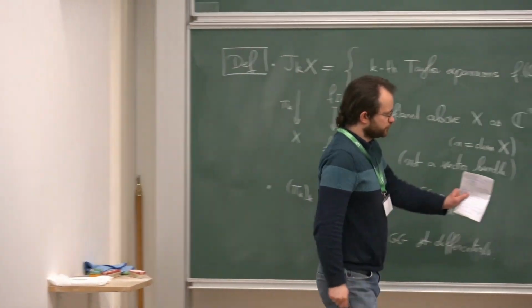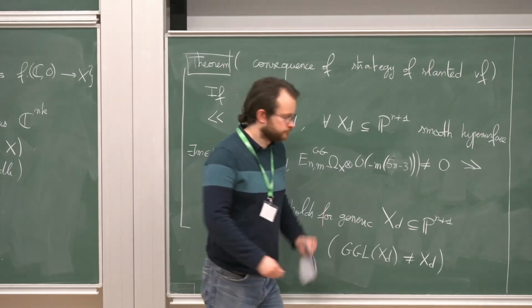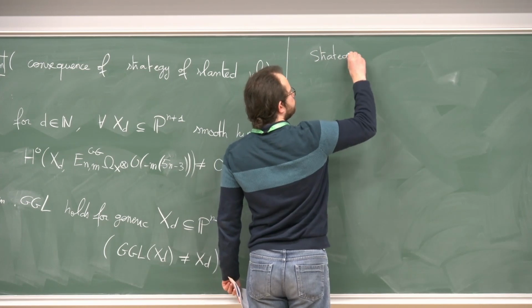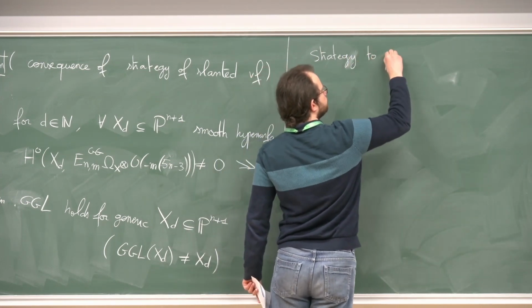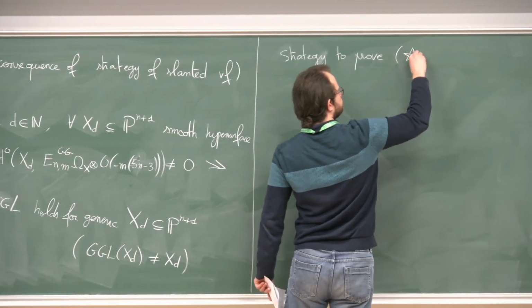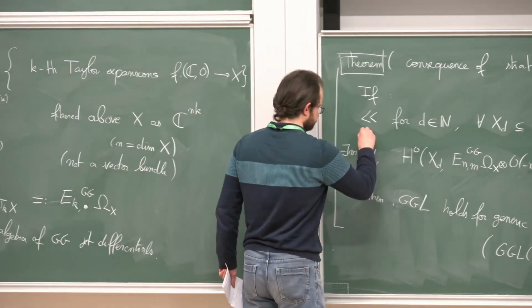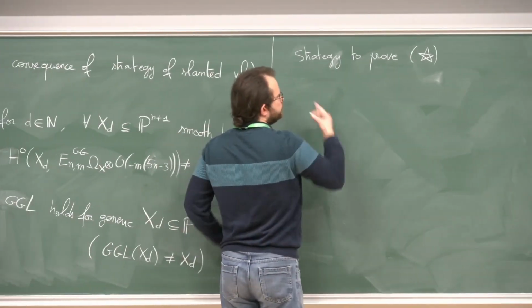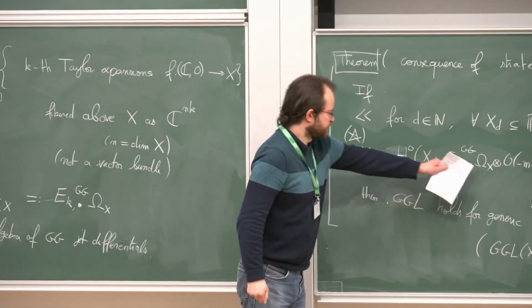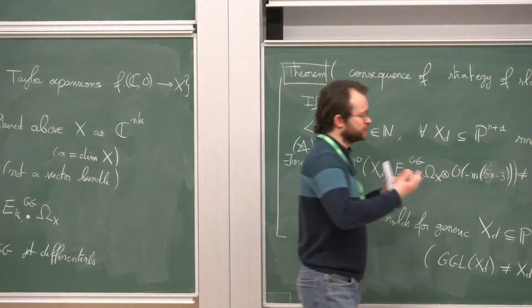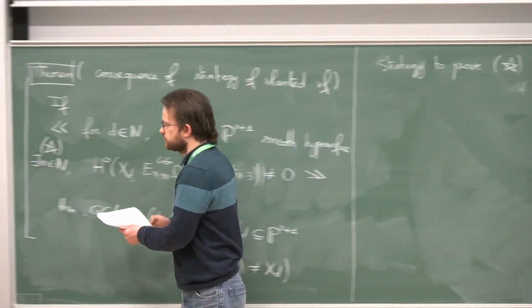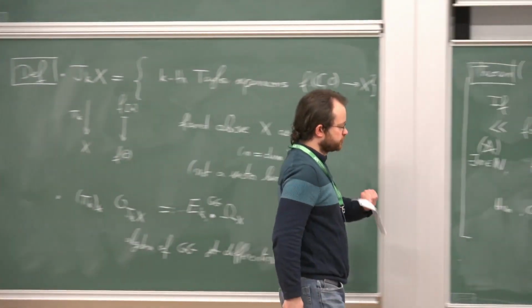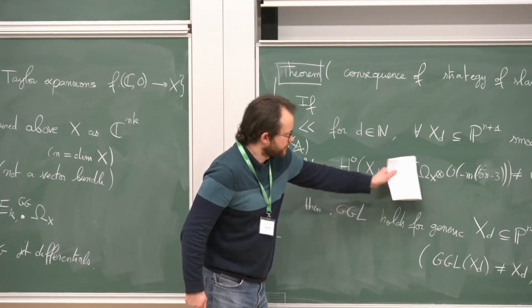All right, so what we want to do is to prove this non-vanishing. So, strategy to prove the non-vanishing. It's been known for some time that we have associated to any complex manifold X jet spaces, which are somehow compact versions of these, projective versions of these, and tautological line bundles on them, whose sections give you this.